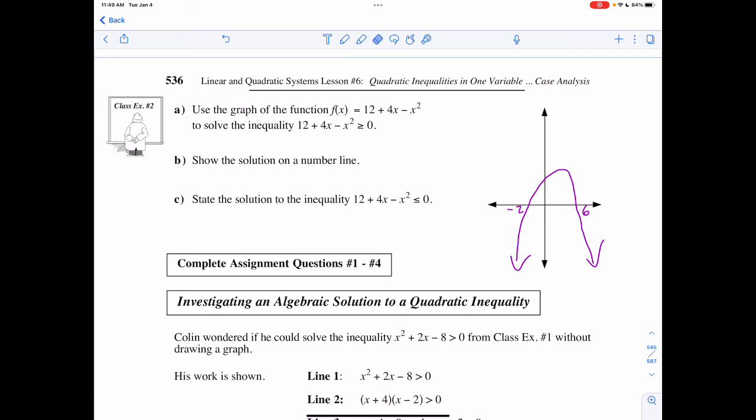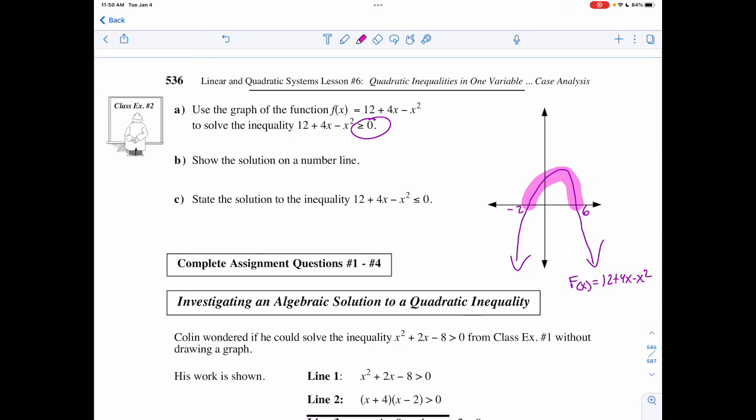I can state this is my function, f of x is equal to 12 plus 4x minus x squared. And I can see that when it says that it is greater than or equal to 0, that means that my y value has to be greater than or equal to 0. And it's going to be when it's above the x-axis here.